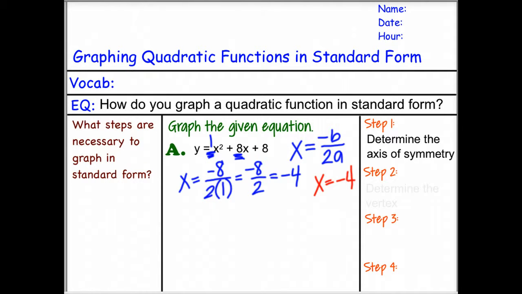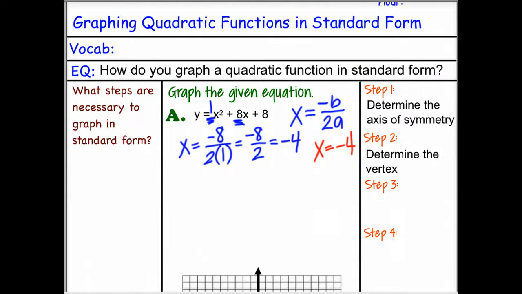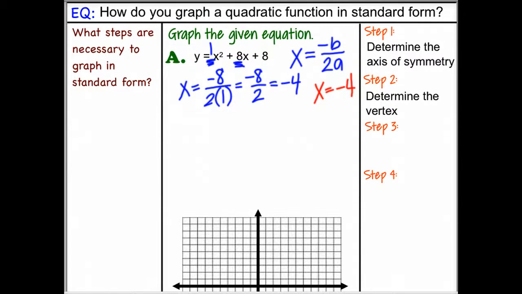Our next step is to determine that vertex, which remember isn't any different than our process for finding the vertex when it came to factored form. We're now going to take this x equals negative 4 and put it into this equation.